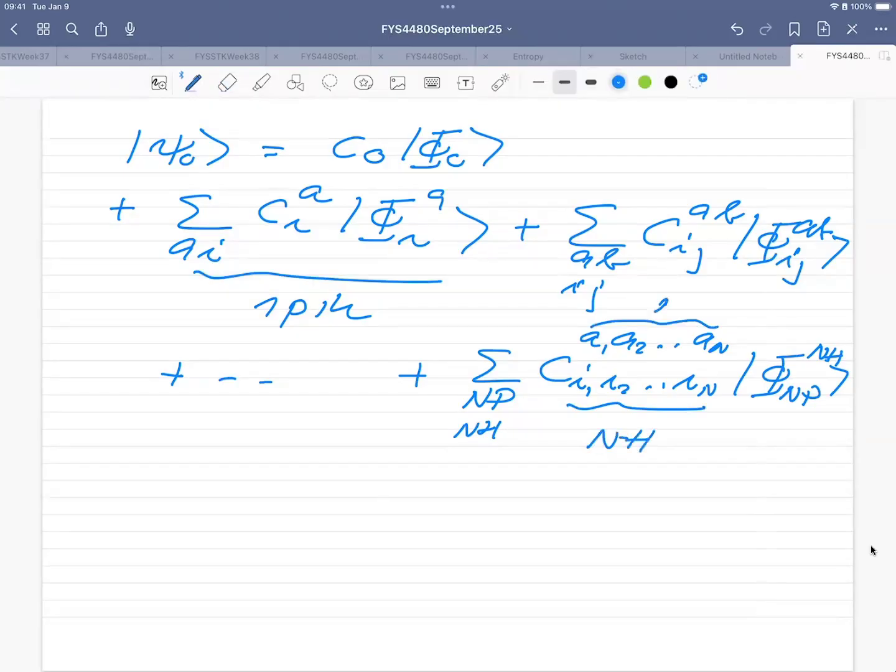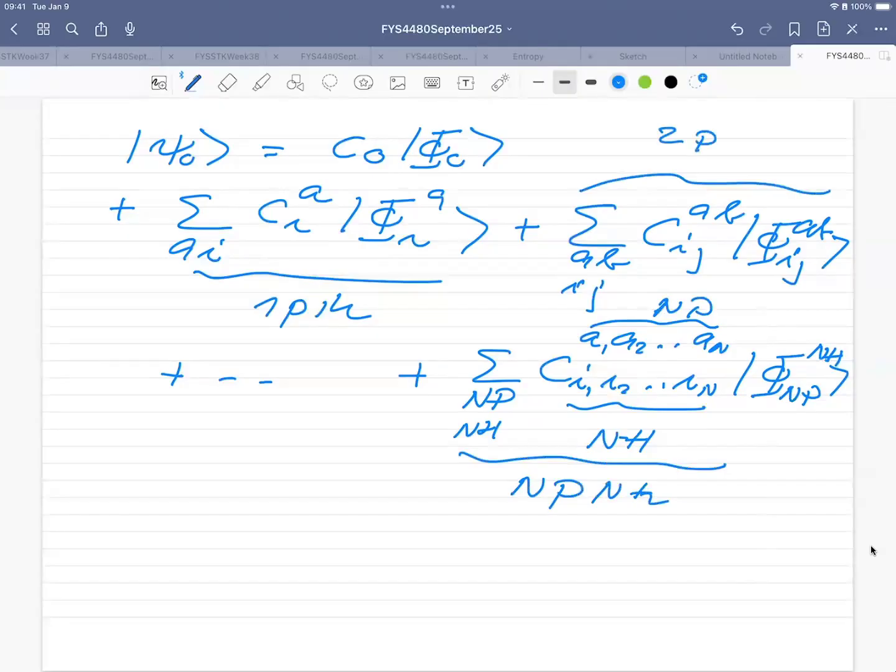NH and NP. So with n particles, we can make n particle, n hole excitations. And that is this one. And the one you see here is a 2 particle 2 hole. So that means that in here there are 3 particle 3 holes, 4 particle 4 hole, and up to n particle n hole states.